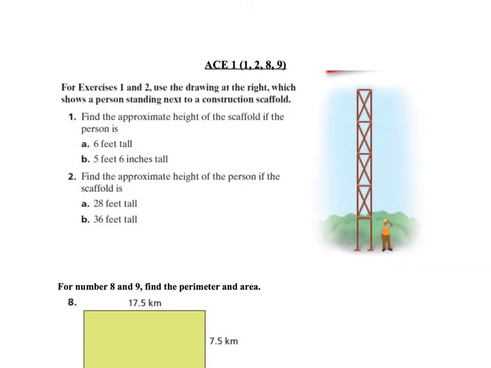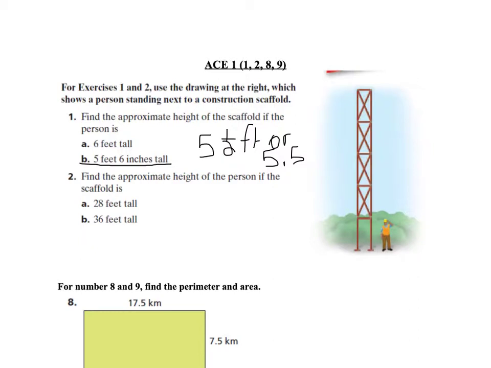Okay, now we need to figure out how tall the scaffold is if the man is 5 feet 6 inches tall. Now, 5 feet 6 inches is the same as saying 5 and 1/2 feet, or 5.5 feet if you put it in decimal form.